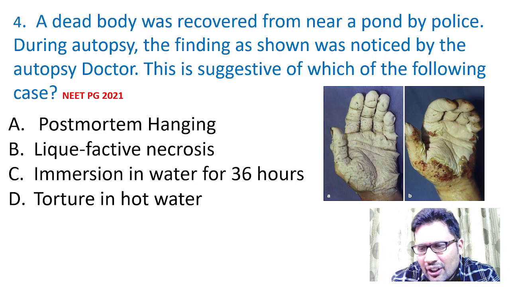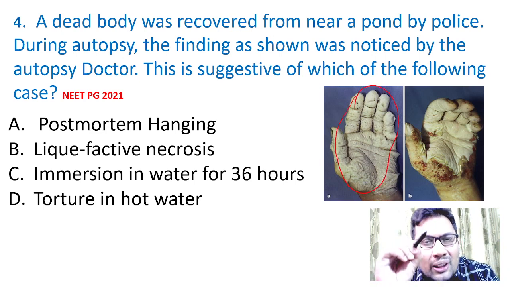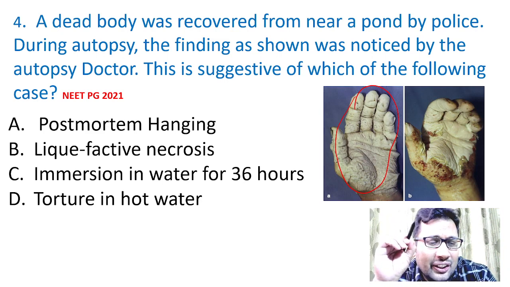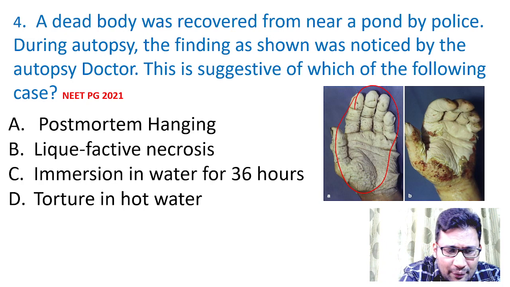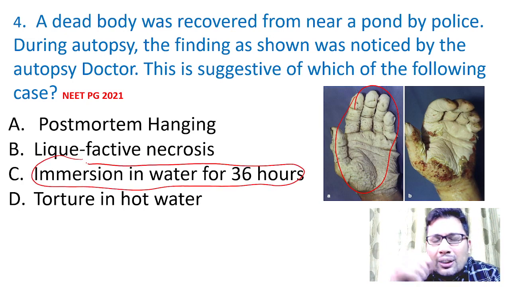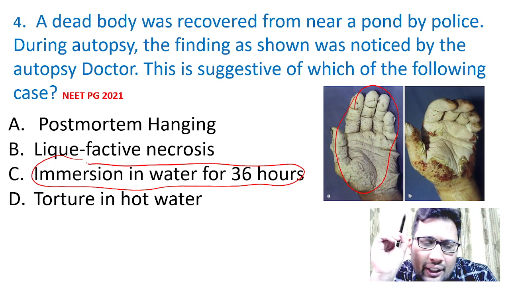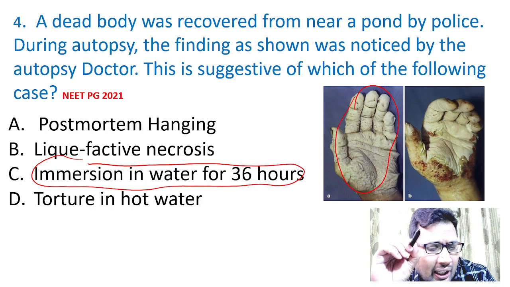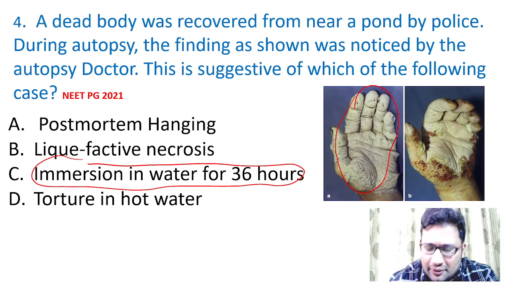Whenever you see sodden appearance, bleached appearance, bleached sodden appearance, this must be a case of immersion in water, nothing but washerwoman hand. Your answer should be washerwoman hand, that is seen at 36 hours.